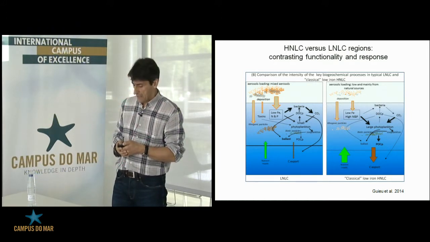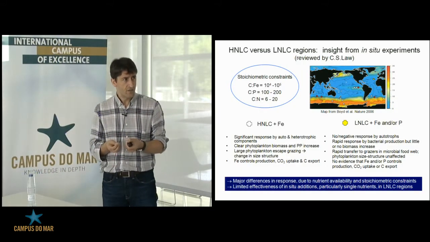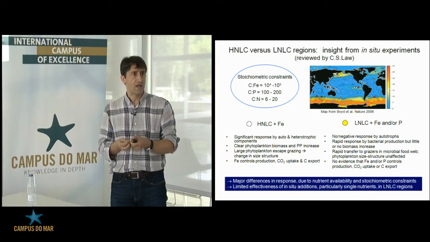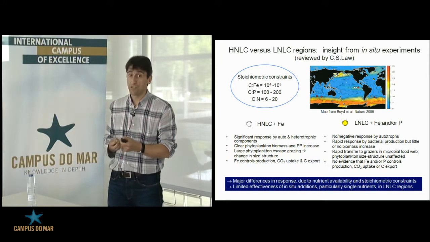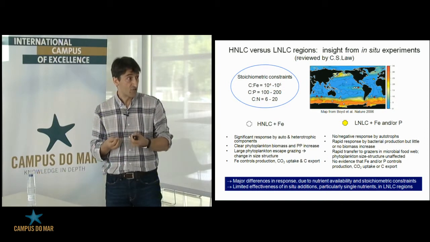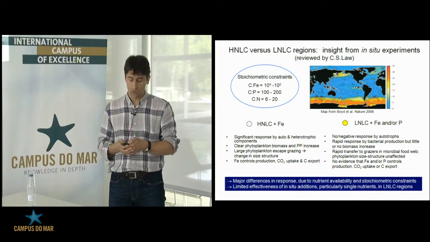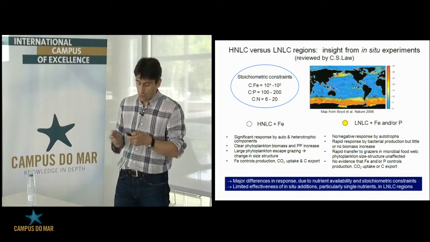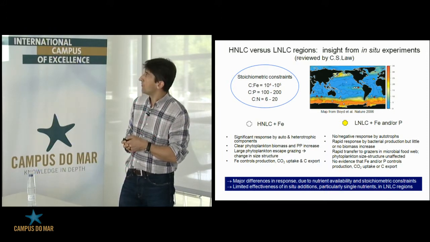In most cases, when you compare the results of in situ addition experiments, low nutrient, low chlorophyll concentration regions, in which typically nitrogen, nitrate, is the most limited nutrient, have a limited ability to respond to the dust or to the nutrient addition, more generally speaking. So this would be indicated here on the right.